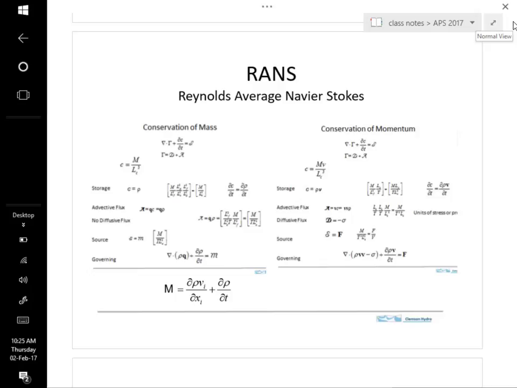So for Reynolds average Navier-Stokes, that's going to be the same approach.